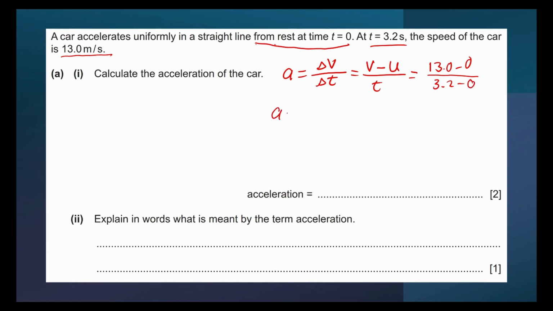So the acceleration equals 13 over 3.2. 13 over 3.2 equals 4.0625. This means the acceleration equals 4.1 for two significant figures, 4.1 meters per second squared.